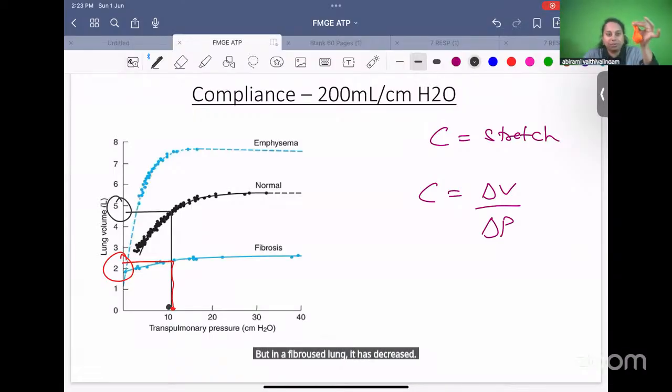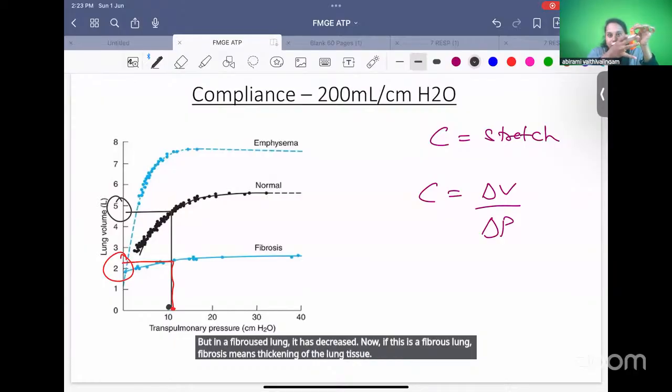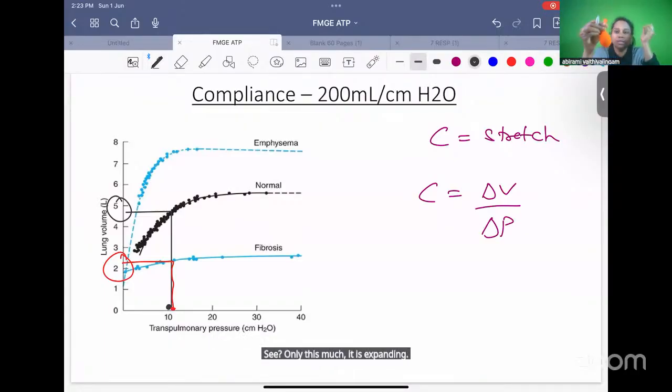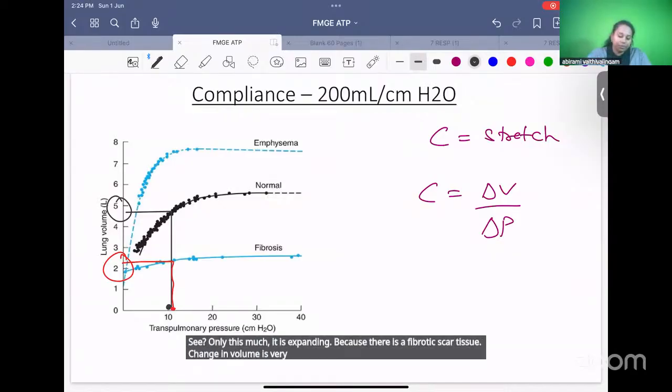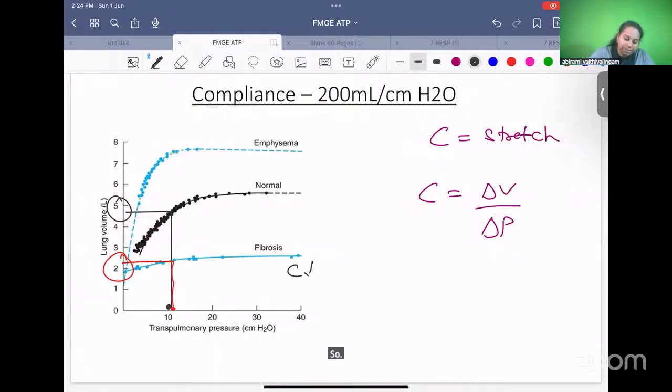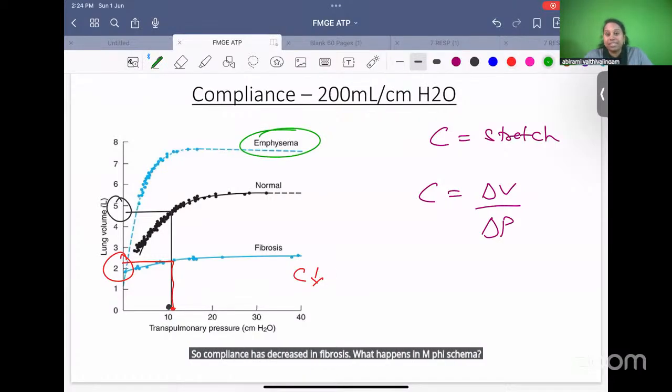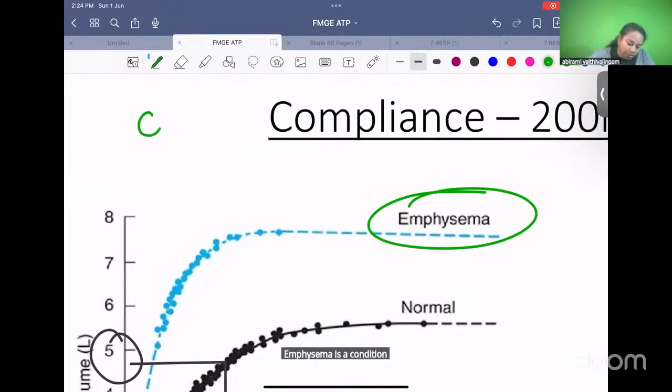Fibrosis means thickening of the lung tissue. There is scar tissue. So however much pressure you apply, only this much it is expanding because there is a fibrotic scar tissue. Change in volume is very less. So compliance has decreased in fibrosis. What happens in emphysema? Emphysema is a condition where all the individual alveolar septa are damaged.